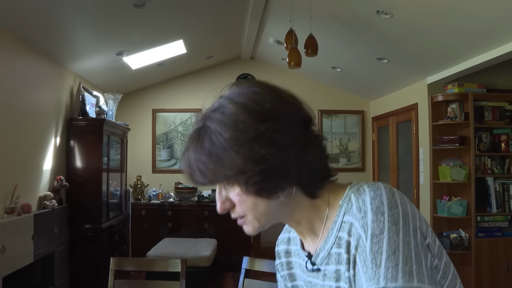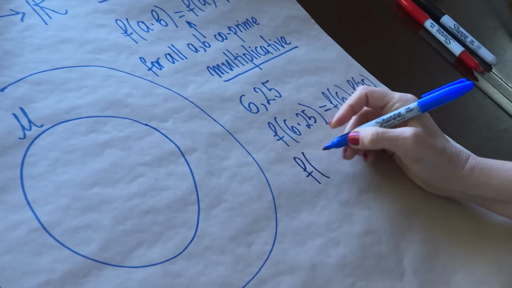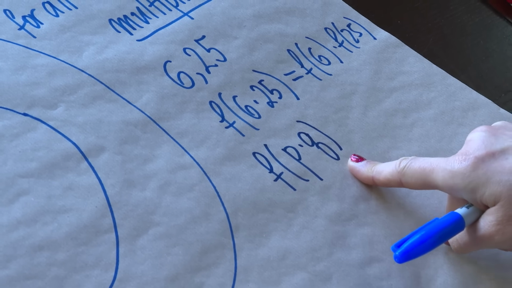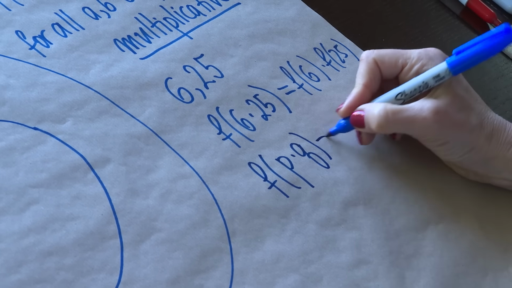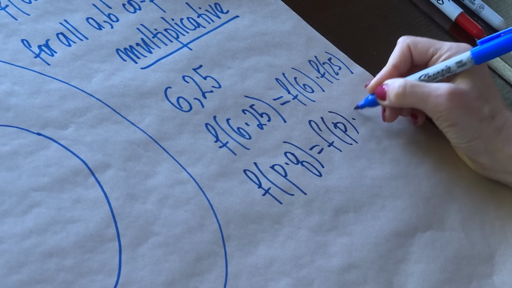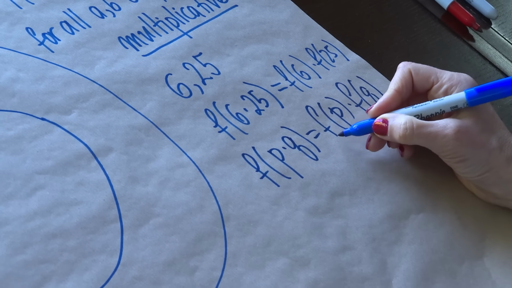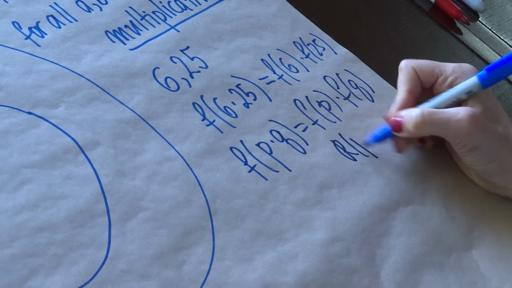Okay. So our Raffle function exhibits the signs of being multiplicative. For instance, for two distinct prime numbers, p and q, it has to do this, and it does it, because what was the Raffle of a prime number?